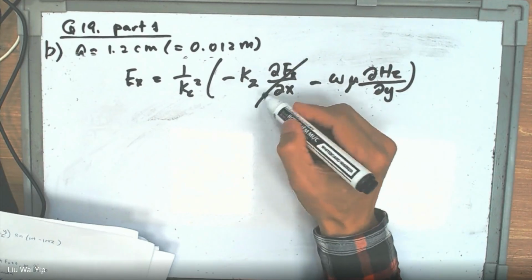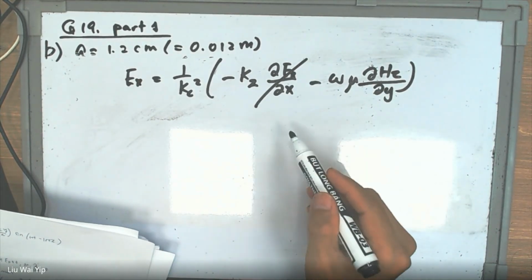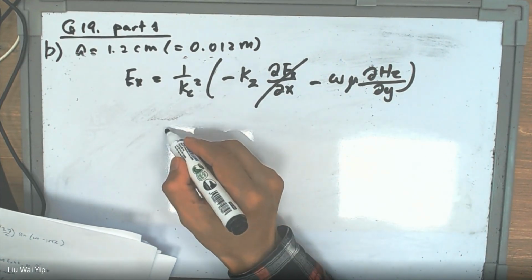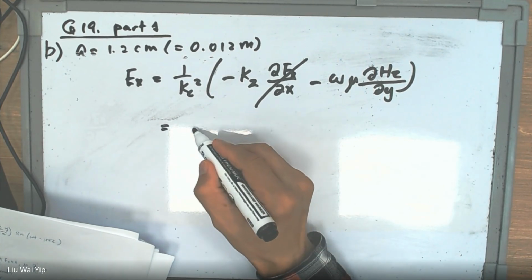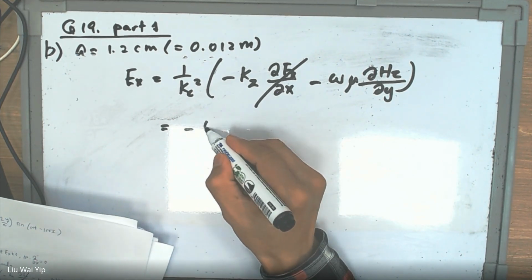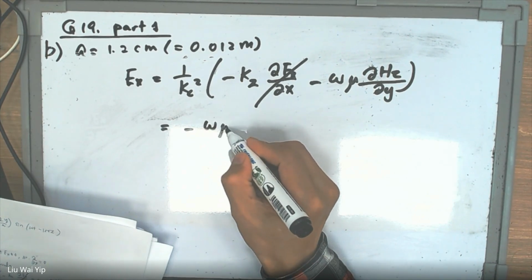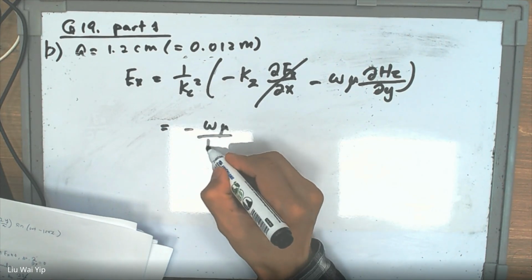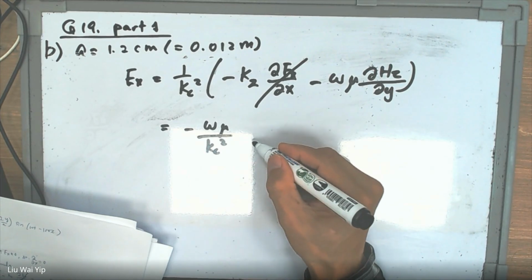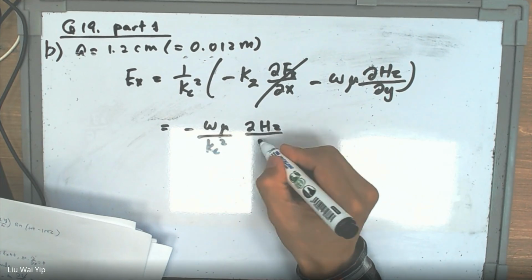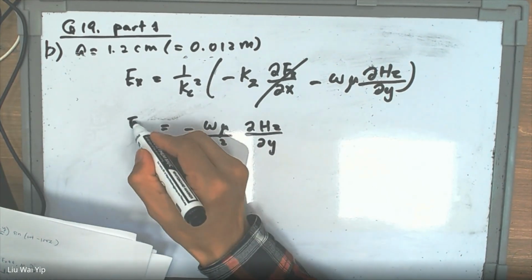Now this term is zero because partial x is zero according to the question. So what we have left is only minus omega z, and then k of z, and then partial x, and then g of x.